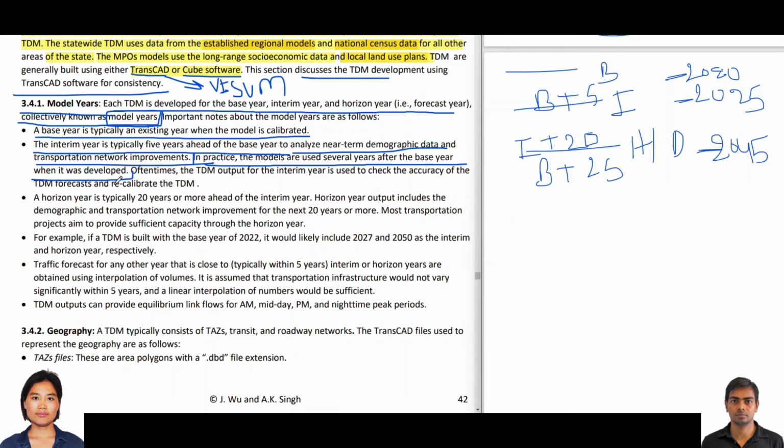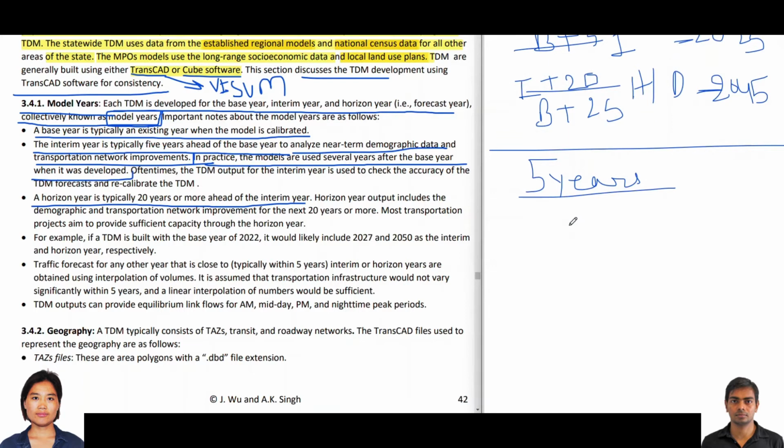Now a horizon year is typically 20 years or more ahead of the interim year, mostly 20 years, but it can be 25 years as well, mostly in increments of 5 years. So all these years are done in increments of 5 years.